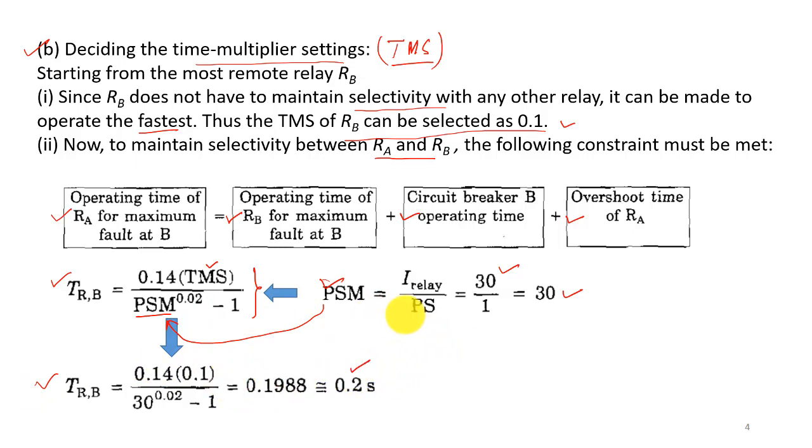So the operating time of relay B for the maximum fault current at bus B is around 0.2 seconds. Okay.